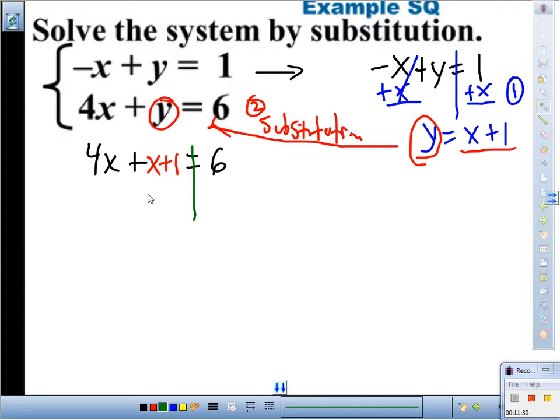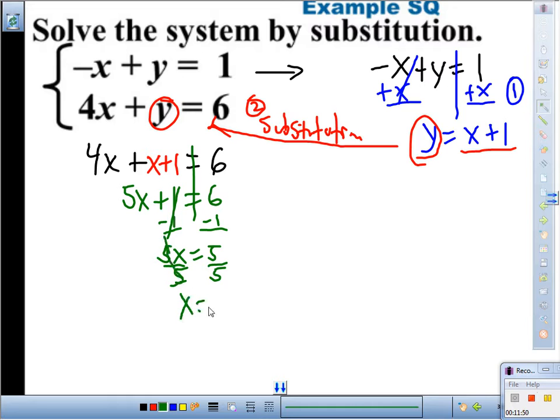Combine like terms. Let's do this together. This is 5x plus 1 equals 6. Continue. Minus 1, minus 1. That leaves us with 5x equals 5. Divide by 5, divide by 5. Therefore, x equals 1. That is step 3.